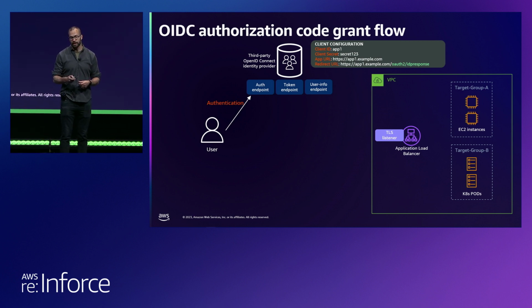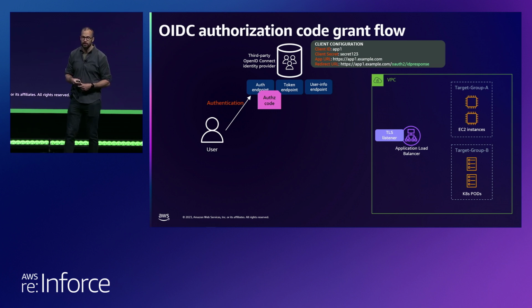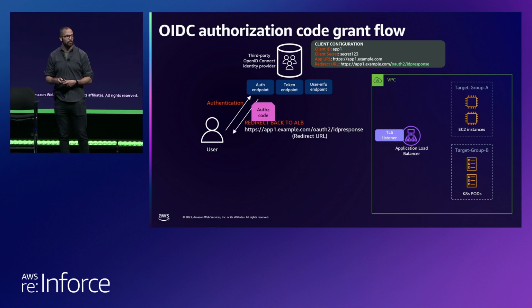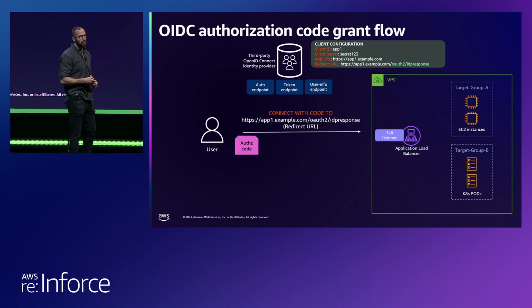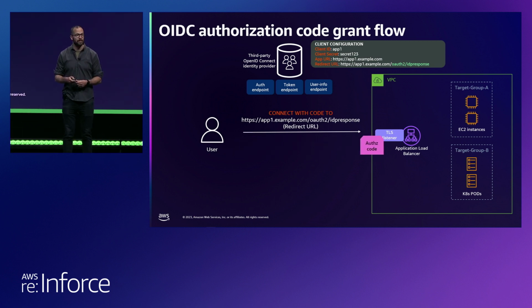The user will authenticate, and the IDP is going to generate an authorization code. It will return the code to the user and redirect the user to the redirect URL we've also defined earlier on the identity provider. Now the user will send the code to the application load balancer, and then the application load balancer will use that code to continue authentication.